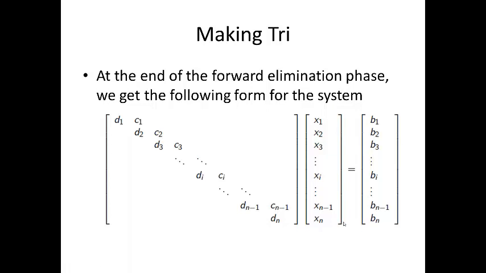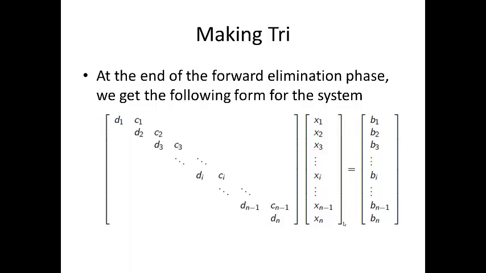So we can do that in the back substitution phase. We can get x sub n is equal to b sub n over d sub n and work our way back. Now this is the general form, and again the b sub i's and d sub i's are not what they were at the beginning of the process because we altered them during forward elimination. We did not modify the c sub i's, so those will be exactly the same.